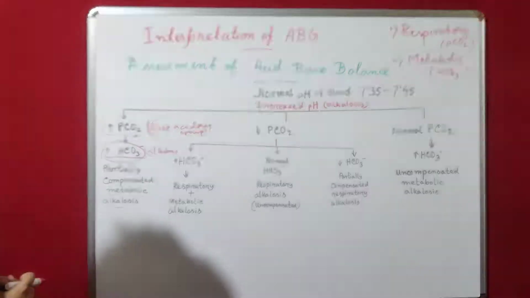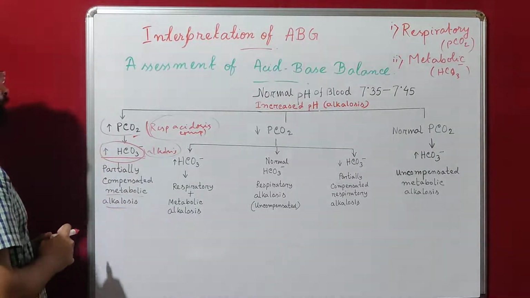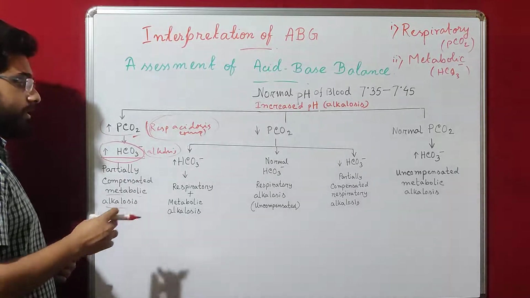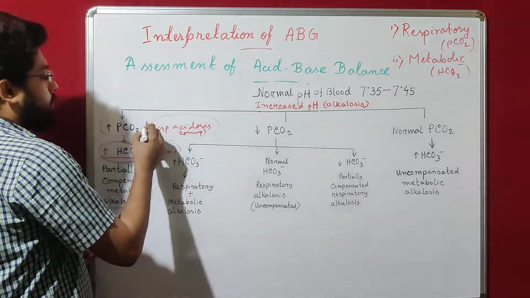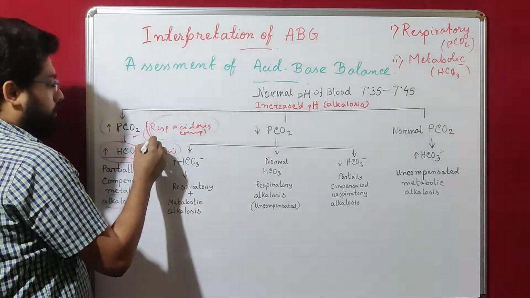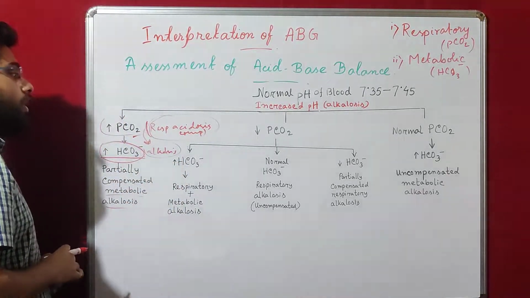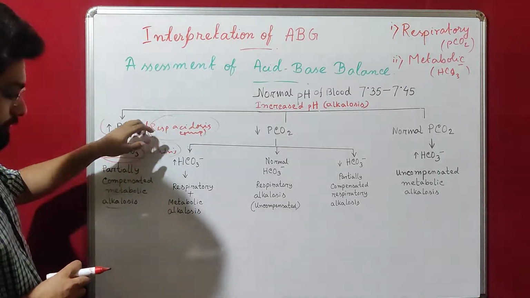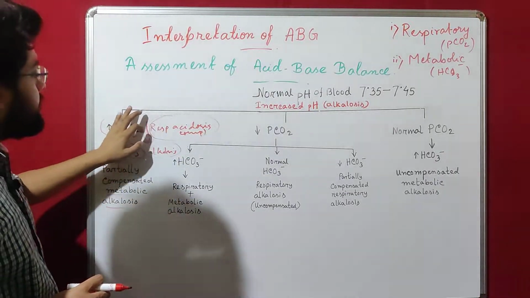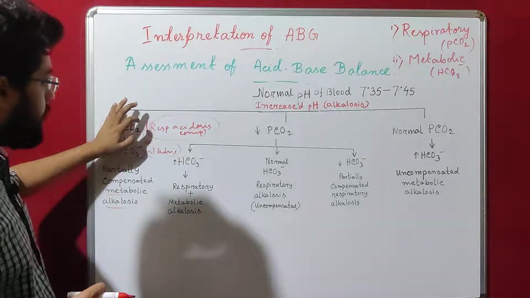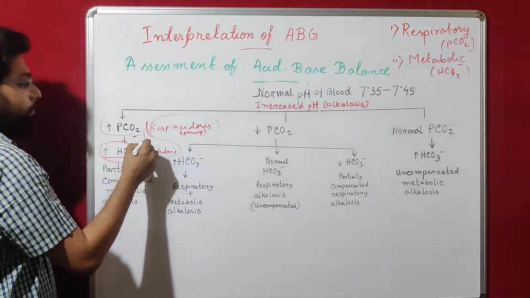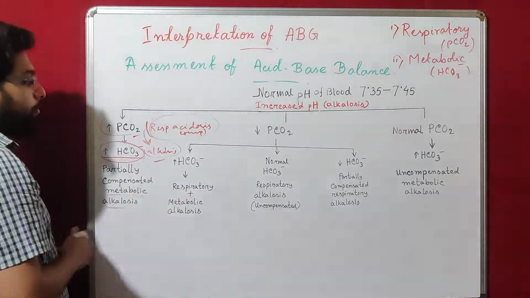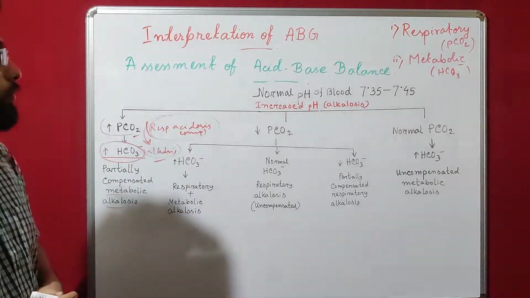Again the same concept which I discussed in the acidosis part. Is this compensation complete? Is this respiratory acidosis component able to completely eliminate the alkalosis component? The answer is no. Why?